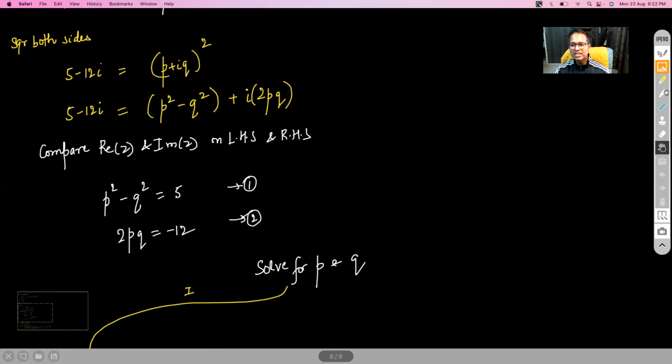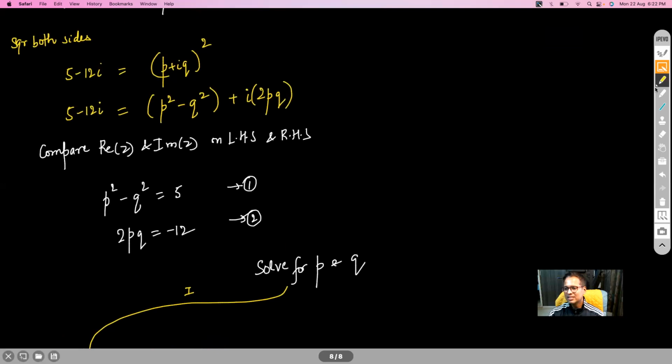Because the answer that you will give will help me understand whether you have actually understood what a complex number is. Yes, Anika, I'm waiting for your answer. Is this possible?